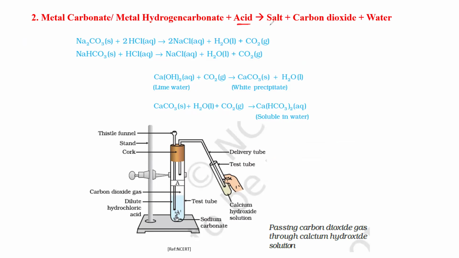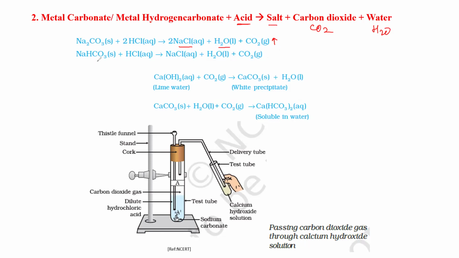It produces a salt, carbon dioxide, and water. Sodium carbonate reacts with HCl to give NaCl, which is aqueous and soluble in water, water H2O as a liquid, and carbon dioxide gas.